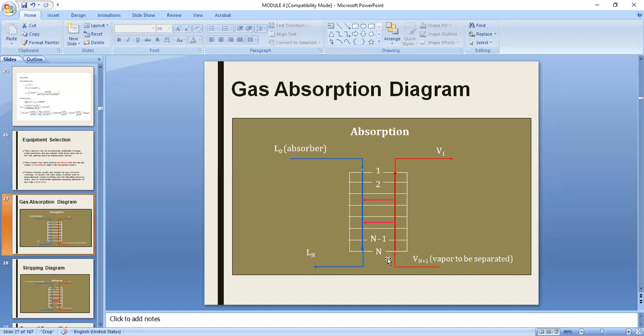For McCabe, the orientation is always 1, 2. We number the bottom of the column as 1 and the top of the column as 2. So all the phases at the bottom have subscript 1, so L1, V1. And the streams or phases on top of the column are both labeled with subscript 2.